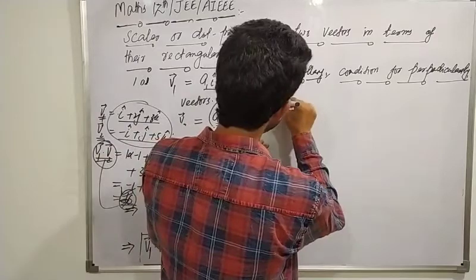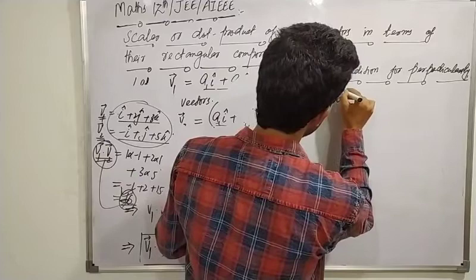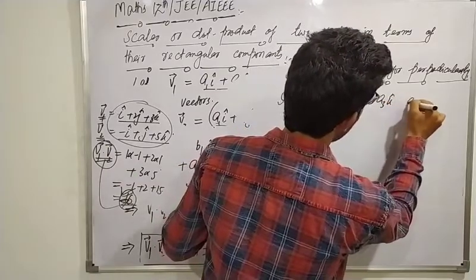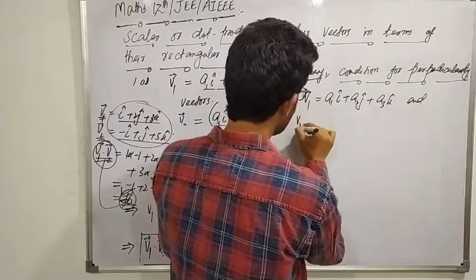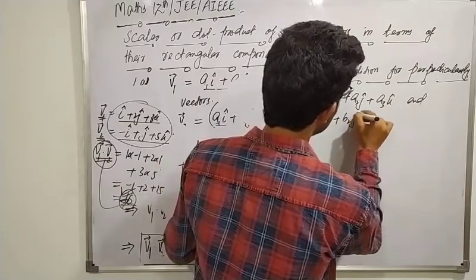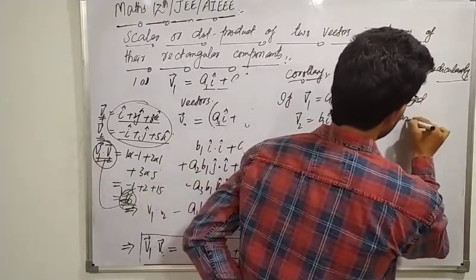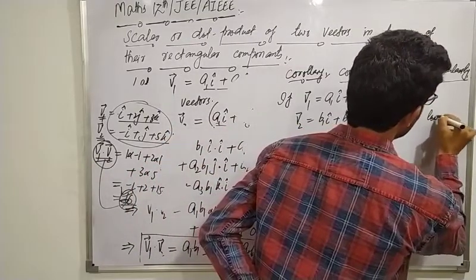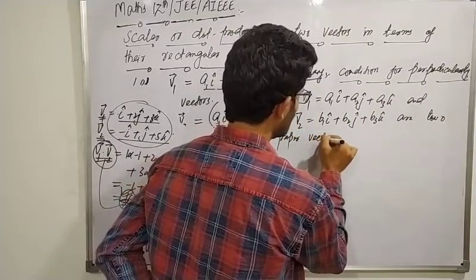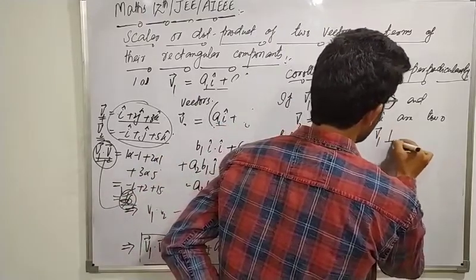So if vector v1 is equal to, suppose, a1 i plus a2 j plus a3 k, and vector v2 is equal to, suppose, b1 i plus b2 j plus b3 k are two proper vectors, and v1 is perpendicular to v2.